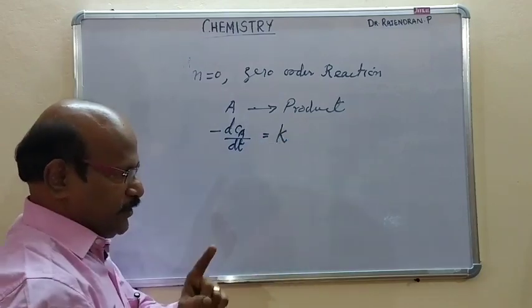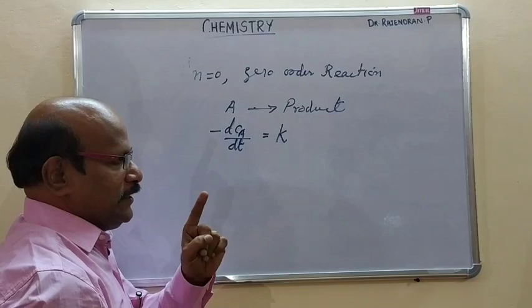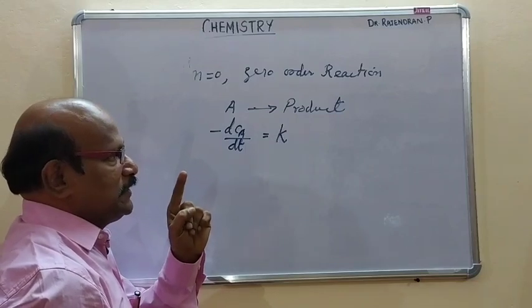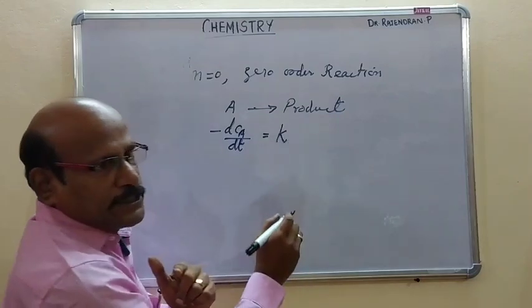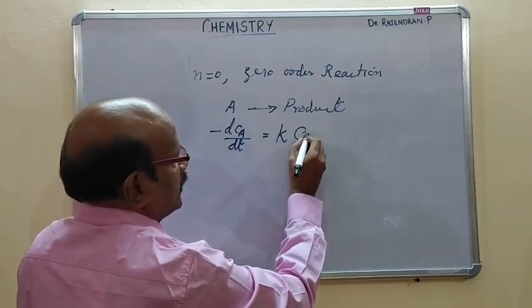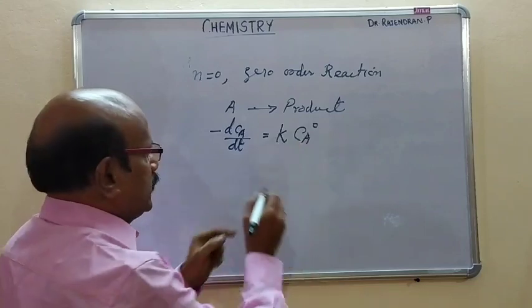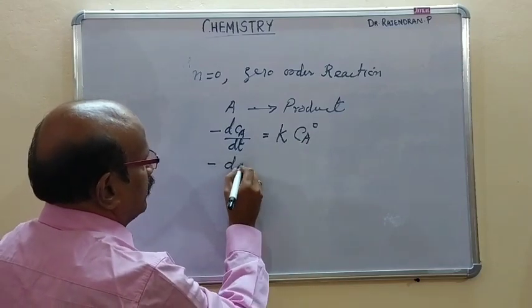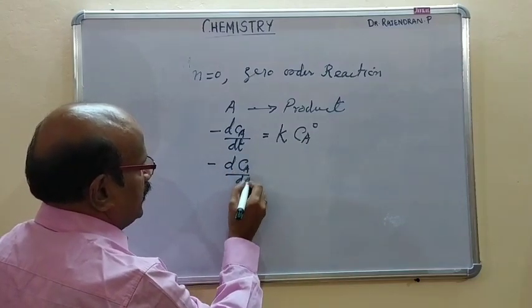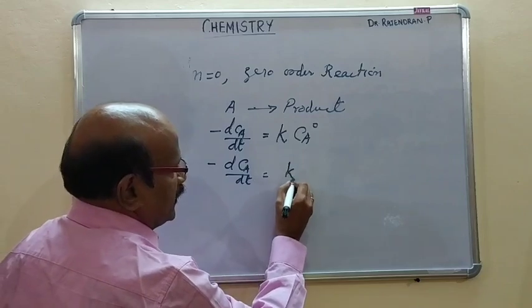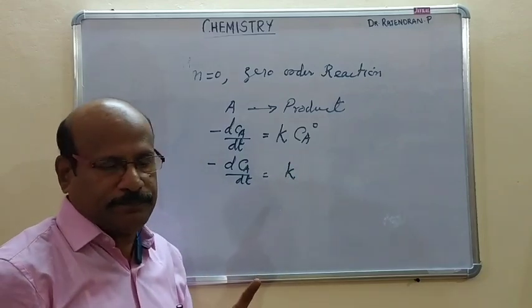By definition, it is a reaction in which the rate is independent of the concentration of the reactant, that is, k into C_A raised to 0. Any number raised to 0 is 1. Thus we have minus dC_A by dt is equal to a constant k, the rate constant.